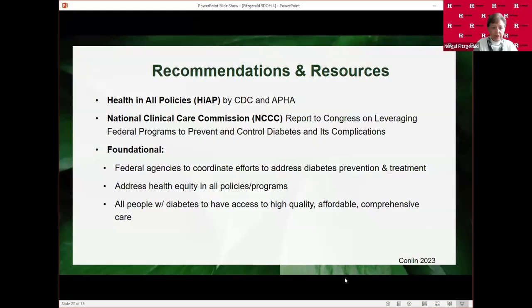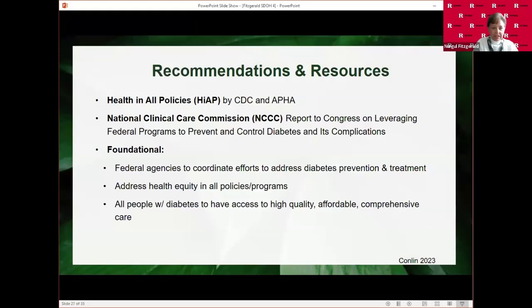In the last few minutes, I'm not going to read these one by one, but I want to highlight a few of the recommended resources and policy and practice implications. There have been some reports. One of those is Health in All Policies, put together by CDC and the APHA.